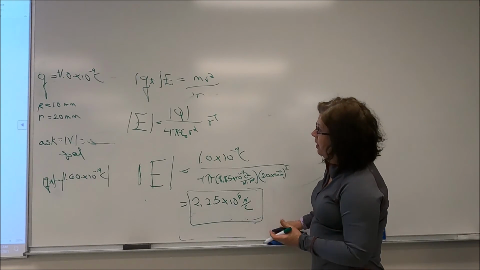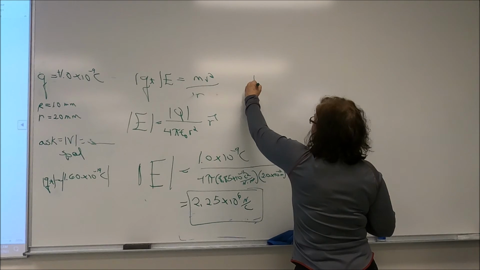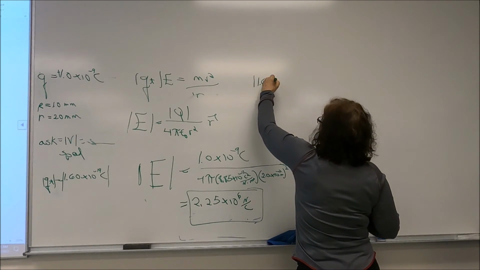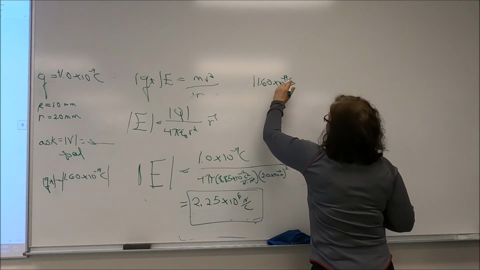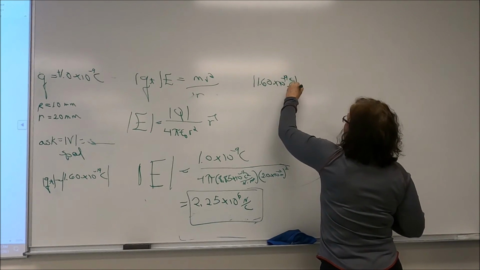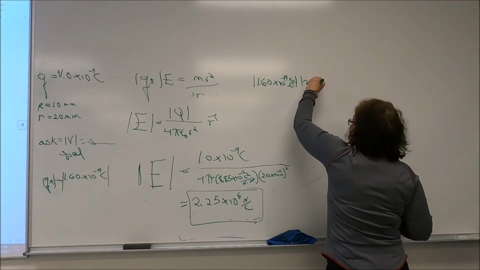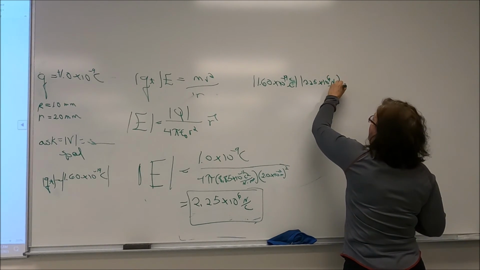Okay? Now, we come up to our other equation. Our Q test is the charge of an electron, 1.60 times 10 to the minus 19 coulombs, times the strength of the electric field, 2.25 times 10 to the 6 newtons per coulomb.